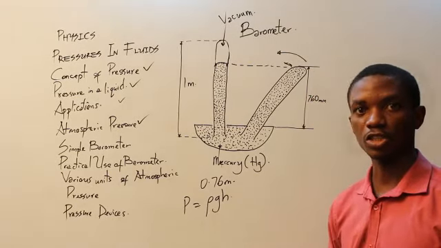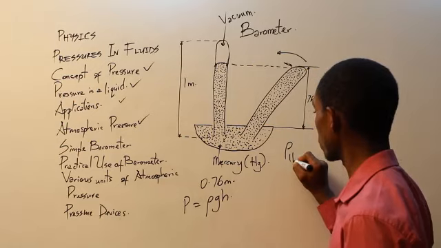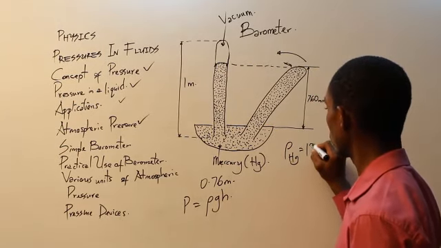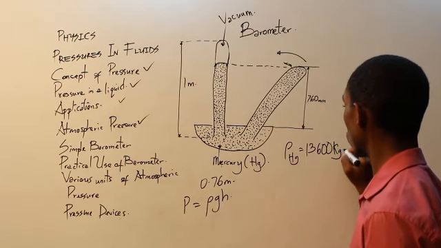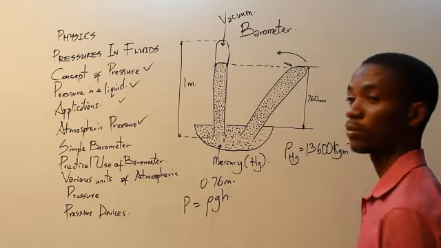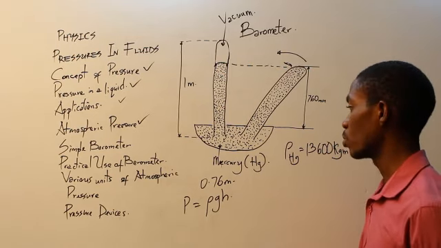We know that the density of mercury equals 13,600 kilogram per meter cube.